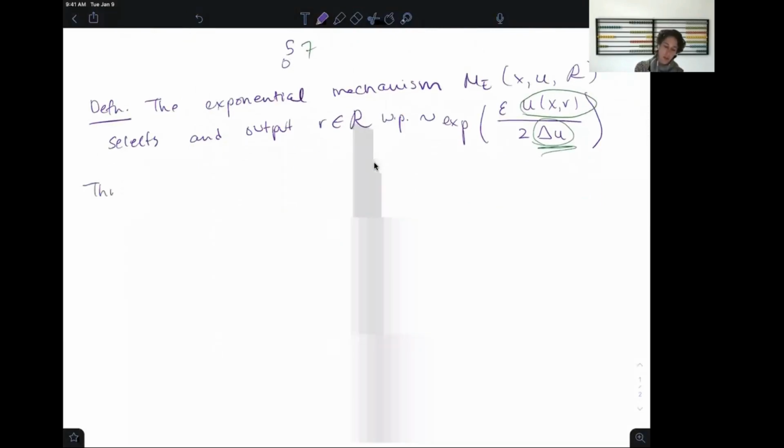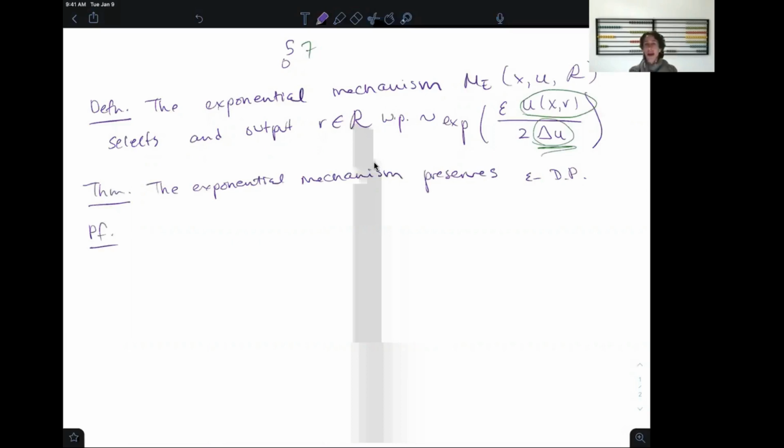The theorem says the exponential mechanism preserves epsilon differential privacy. As usual, let's make our lives easy by thinking about a discrete, finite space of outcomes.